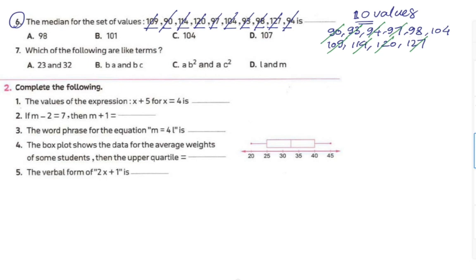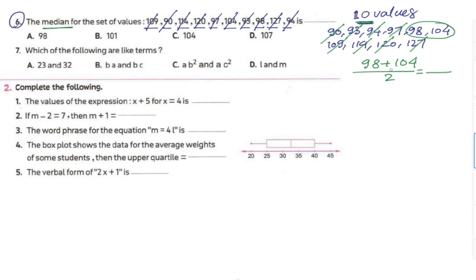So because we have 10 values and 10 is an even number, you have these two values. Now where is the median? You will get the median from adding these two values divided by 2.